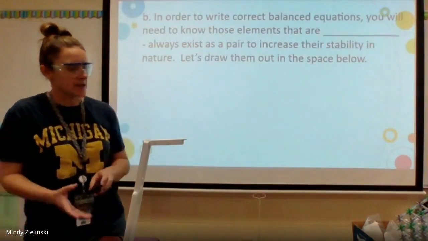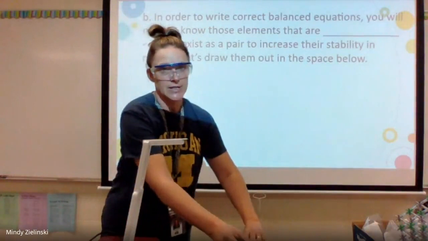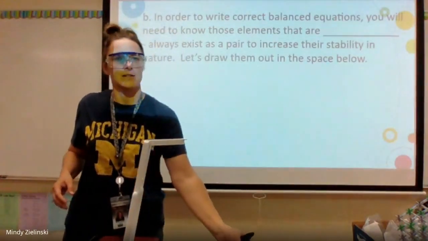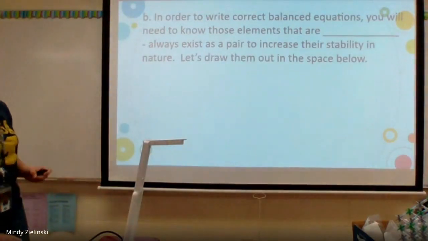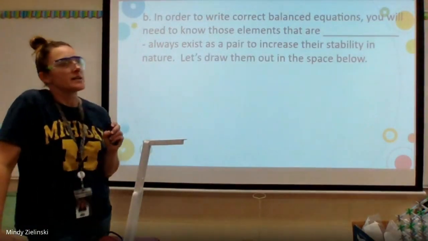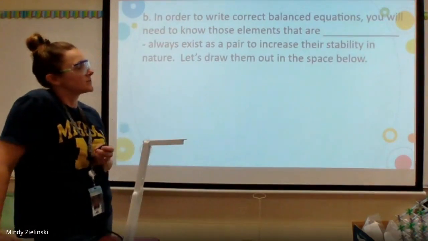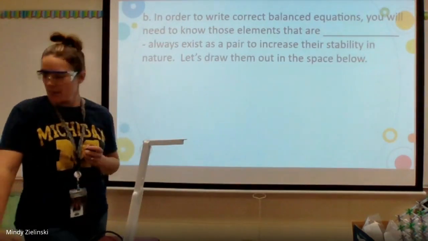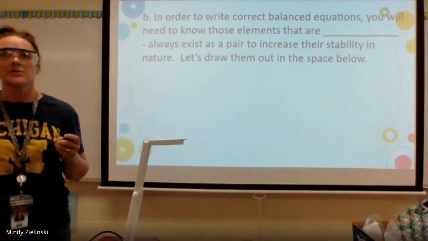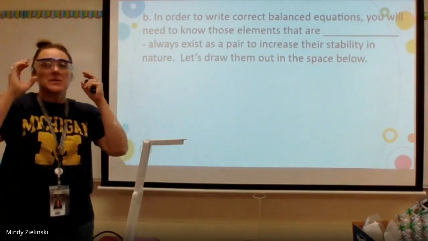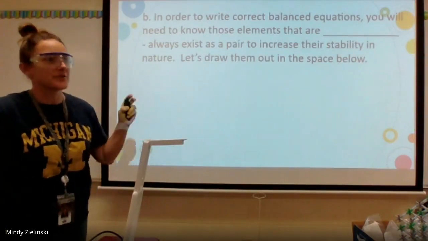Okay, so if you looked on the next page of your notes, it says that first thing, if we're going to try and balance an equation, in order to write the correct balanced equation, there's a little trick you have to know. And there's a few elements on the periodic table, and we'll talk about the why when we get into bonding. But there's a few elements on the periodic table that, they're kind of like those people, and I am going to pinpoint, probably mostly girls, that tend to love to go to the bathroom with another buddy.